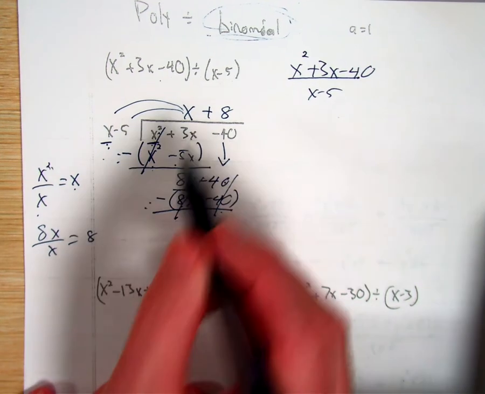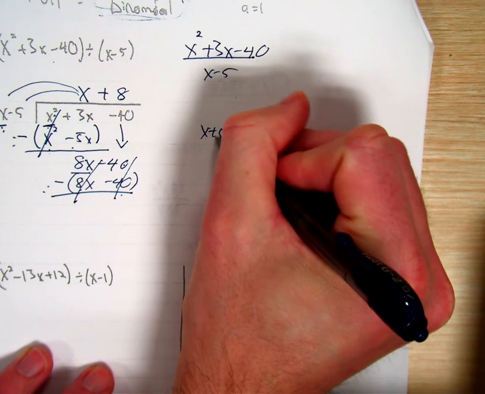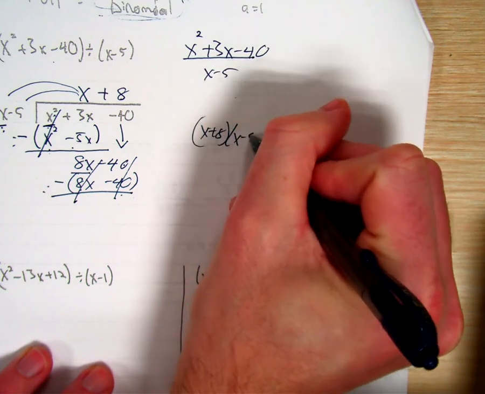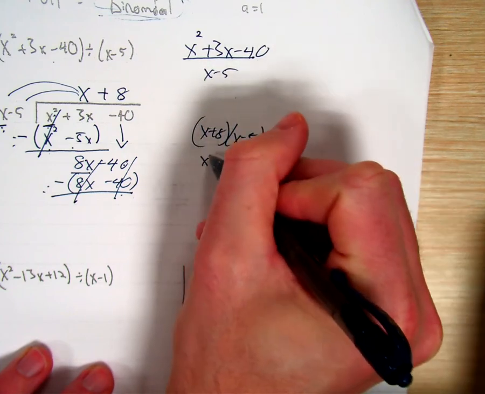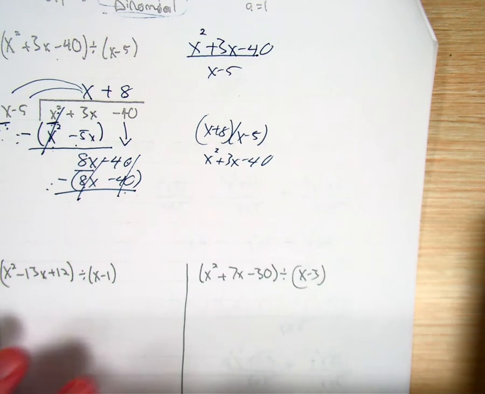Okay, you could also check this by doing x plus 8 times x minus 5. And that should FOIL out back to where we started, x squared plus 3x minus 40. Pretty nifty.